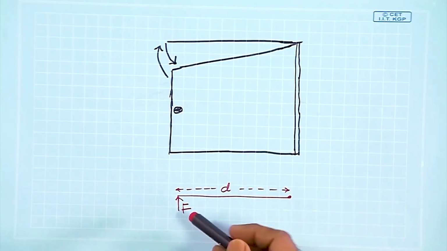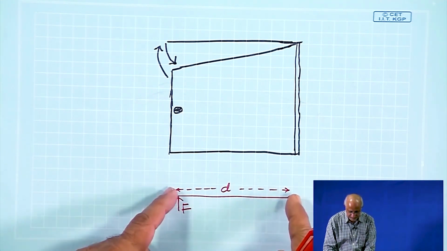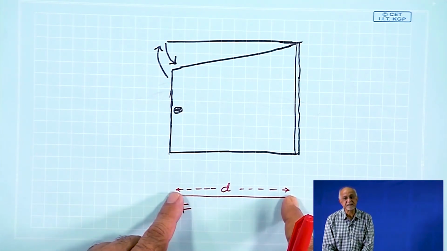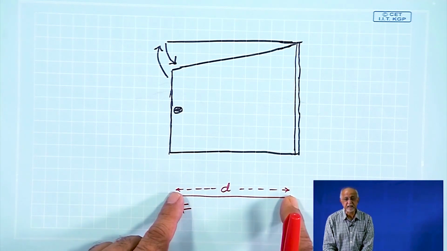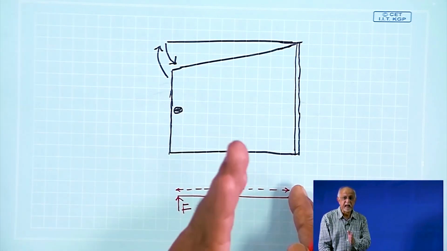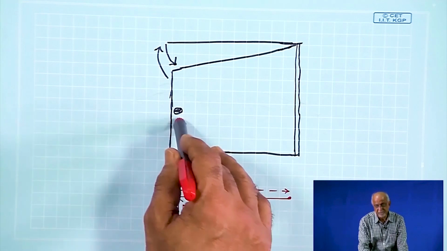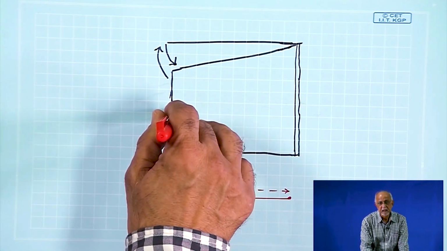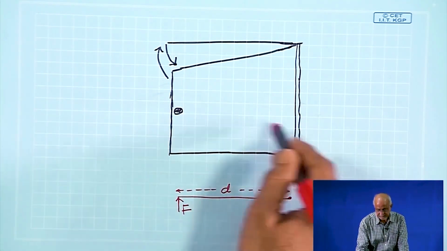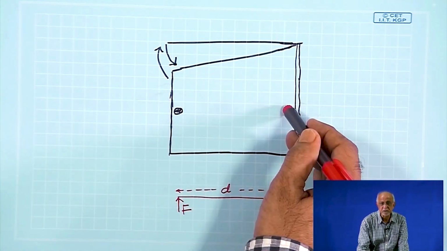In fact, this is the product of the force and the perpendicular distance from the axis about which this turning takes place. Here the axis refers to the line along the hinges of the door. So, when we are applying force over here, the perpendicular distance from the axis is much larger.